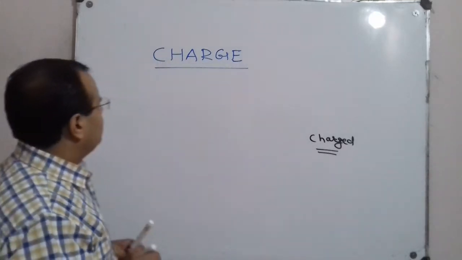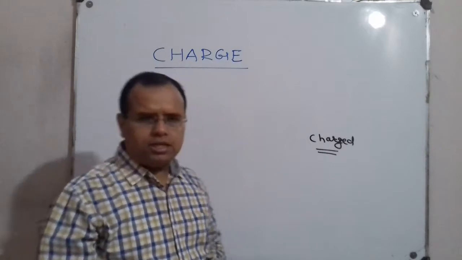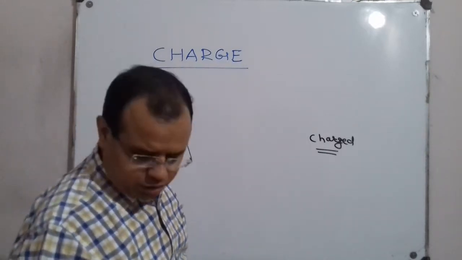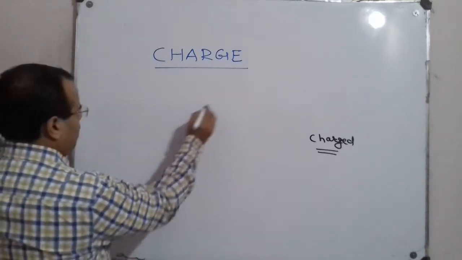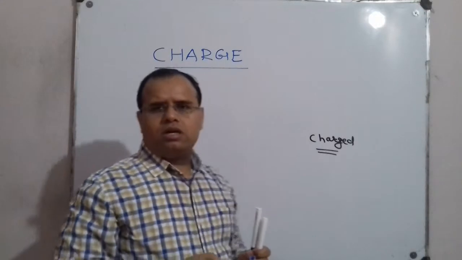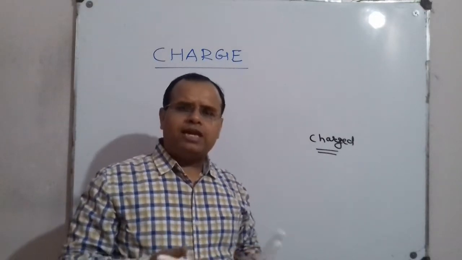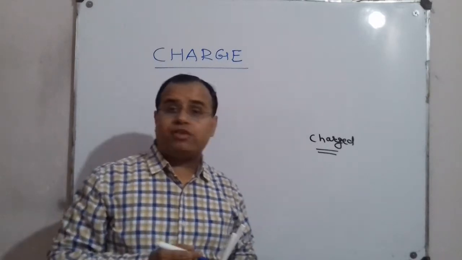Do remember that charge is actually a property. Charge is a property of the object because of which it starts affecting other objects. It starts applying electrical effects over other objects. Now what type of electrical effects are they?